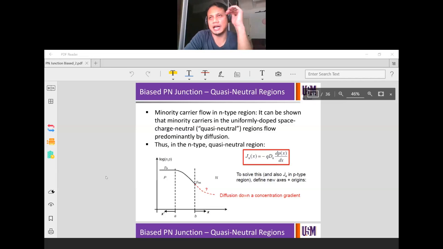So now we know the concentration of the minority carriers at the end of the depletion region. This Wednesday, we're going to look at what's happening to the concentration of the minority carriers on both sides in the quasi-neutral region, in the next region, right? So basically in this region here.